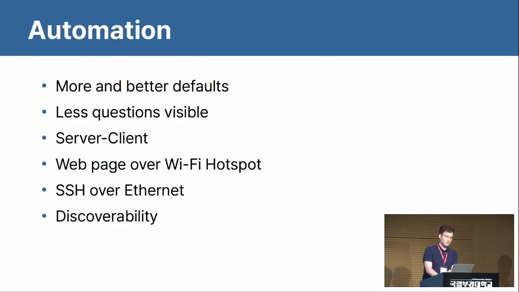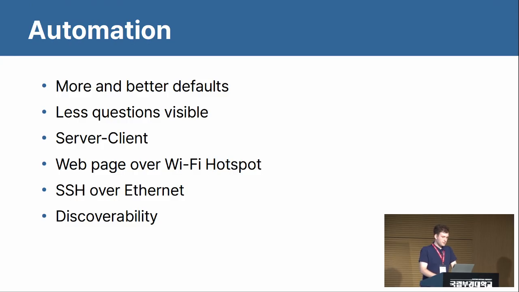And server-client architecture, as I said, would help automation a lot because you can just run the server on a single board computer, for example, and have a client that automatically configures the server to answer the questions and install Debian.